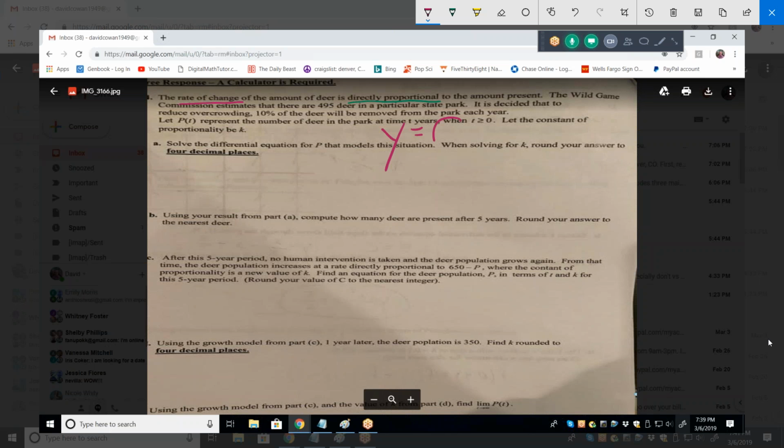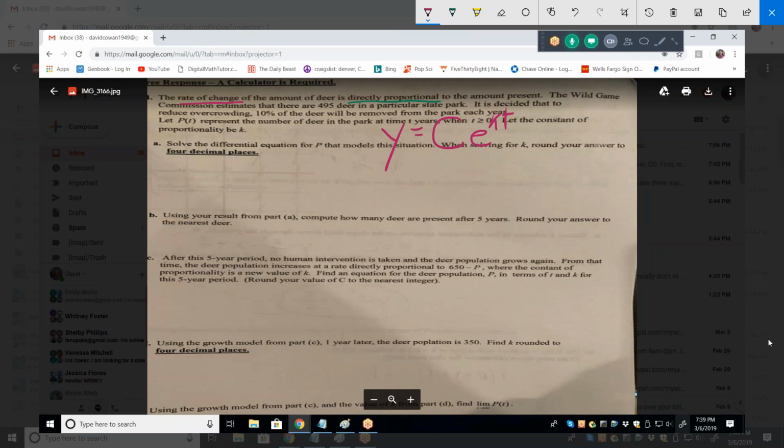I could go through this proof, but I don't know that you really need that. Your calculus book does go through the proof, and it's an interesting proof as to how you get this. You start with y prime is directly proportional, it's equal to k times the amount present.